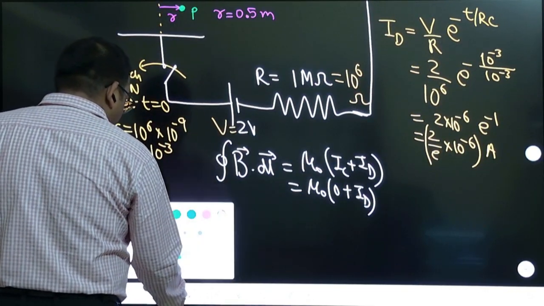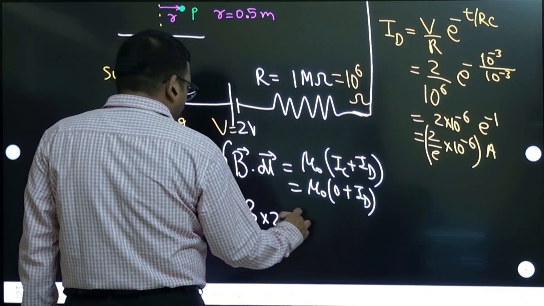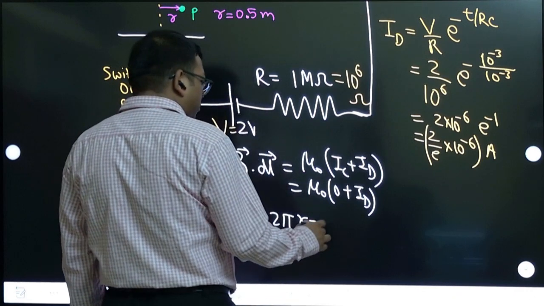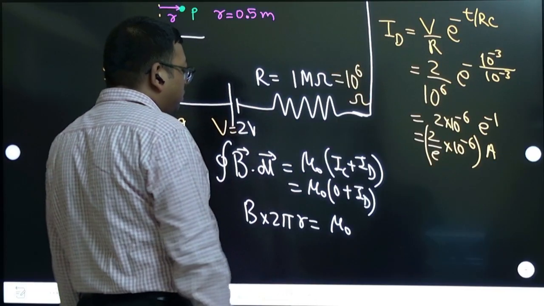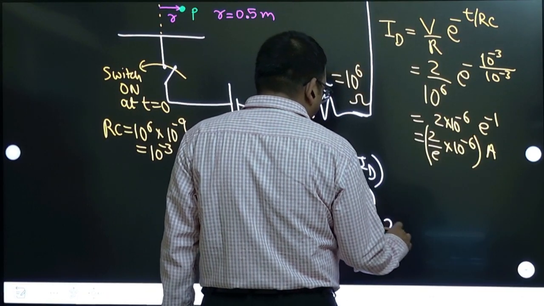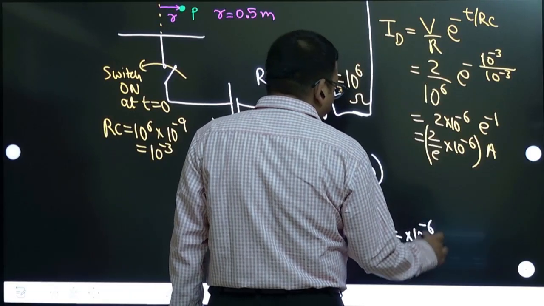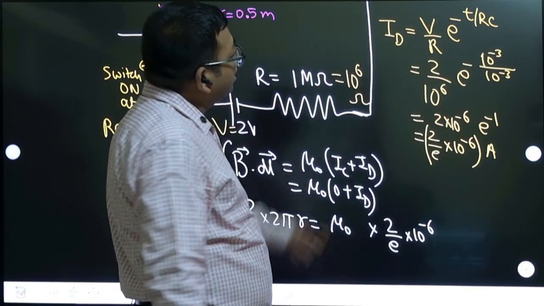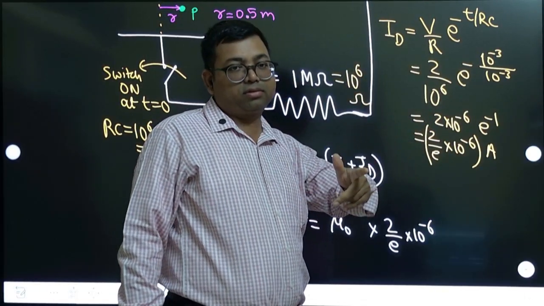So now we will use this formula. The integral of B dot dl means B into 2 pi r, equals mu naught, and then the displacement current, which we have got as 2 by e 10 to the power minus 6. Do you remember there was some factor of area ratios?